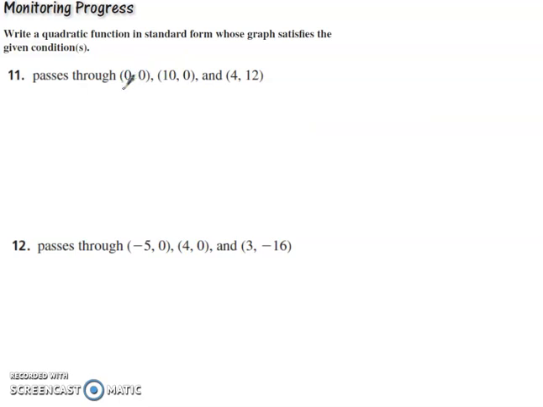Lastly, I've got two intercepts, so here my p will be 0 and my q will be 10. So g of x is equal to a times (x - 0) times (x - 10). And I'll simplify that. g of x is equal to a times x times (x - 10). And then I'm going to plug in an x of 4 and a y of 12.